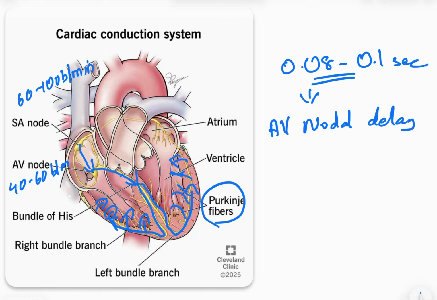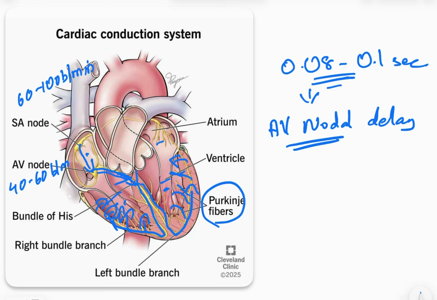This delay provides enough time for emptying of blood from the atria and for the ventricles to fill with enough blood for pumping. The time is very little, but they are giving this time for the ventricles to fill up and the atria to empty their blood chambers. This is what happens during the contraction.